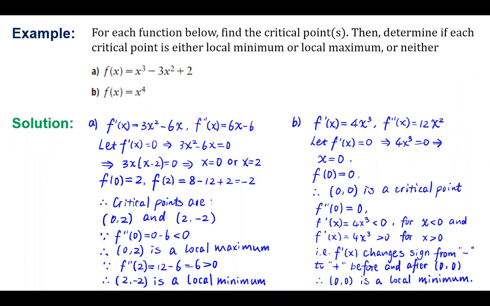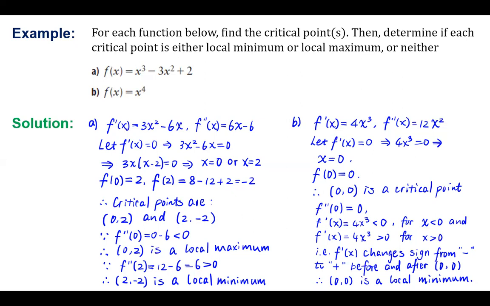Note that f(0) is 2, f(2) is negative 2. And the second derivative at x equals 0 is less than 0. Therefore, we know the point (0, 2) is a local maximum, because at this point the first derivative is 0 and the second derivative is less than 0.